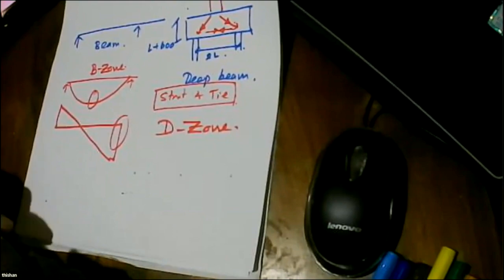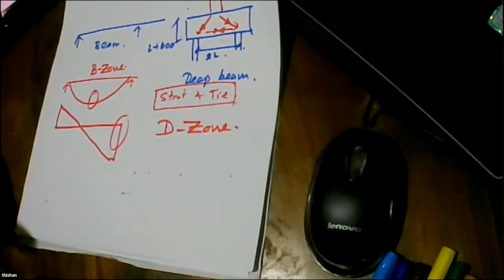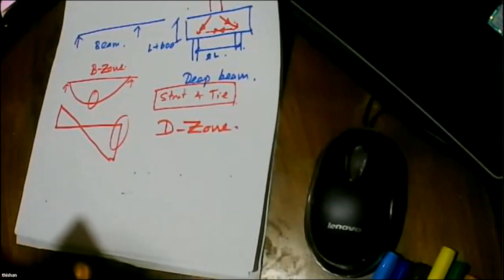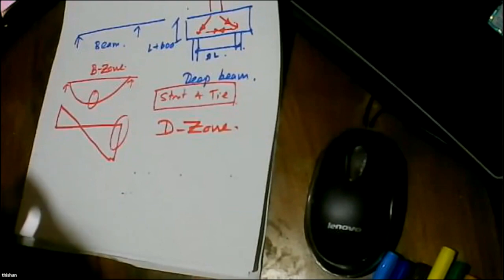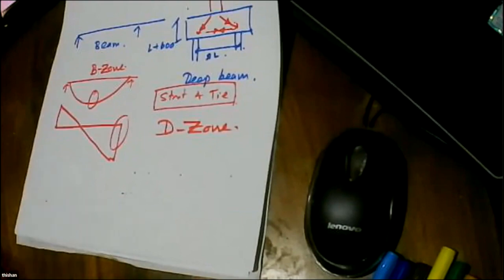But US codes adopted it fast. Probably German codes also had B zones and D zones, but not the British codes. Now we are using Eurocodes, so all the knowledge in Europe has come to one place. And Eurocode is also very strong with B zones and D zones.